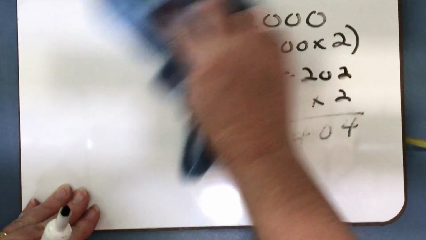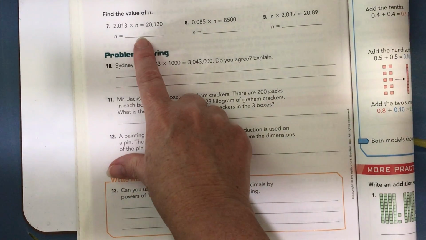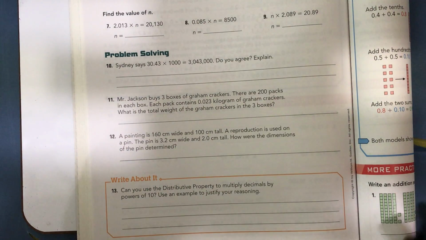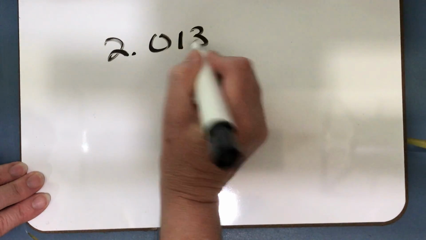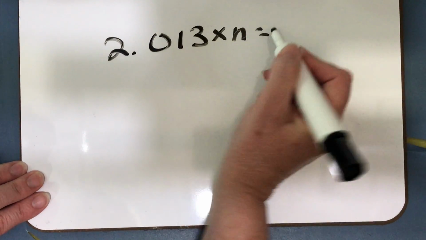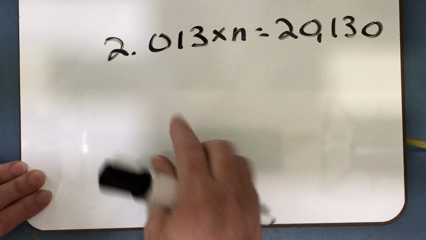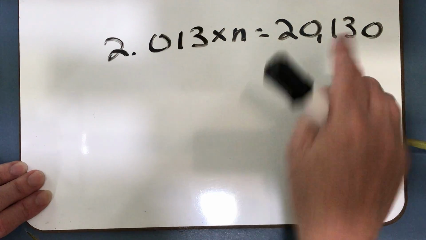Okay, and then on 7, 8, and 9, you need to figure out what you multiplied by. You can write it as a power, or you can write out the whole number. I'll do number 7. Number 7, we have 2 and 13 thousandths times n equals 20,130. Okay, so I need to get my decimal point from here all the way to a 0 being after the 3.